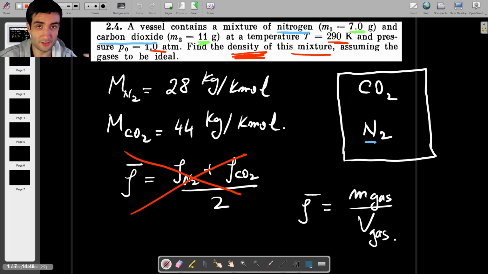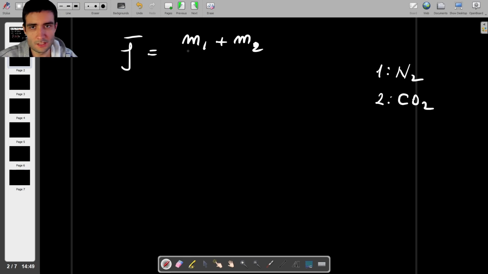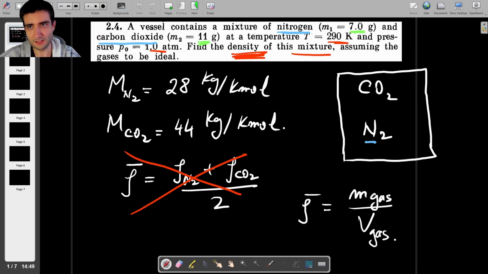So the total mass of the gas is the mass of gas 1 plus the mass of gas 2. Let's say that gas 1 is the nitrogen and gas 2 is the CO2. This is divided by the volumes of the two gases added together, V1 plus V2. You can think of it this way: CO2 occupies part of the vessel and nitrogen occupies the other part.